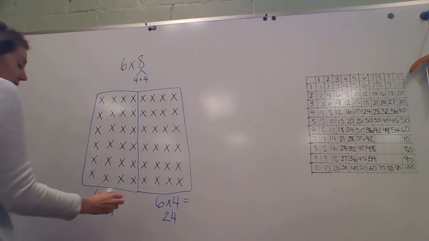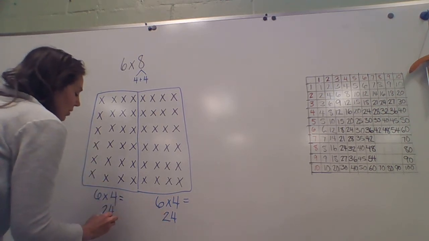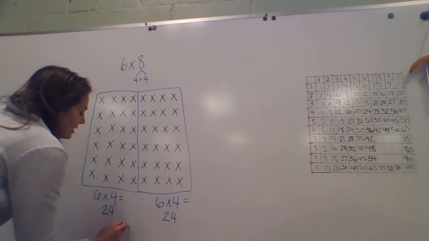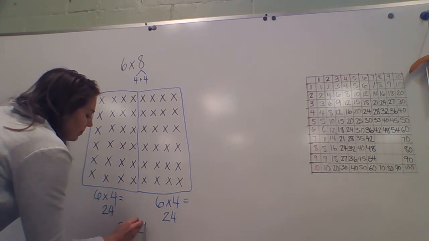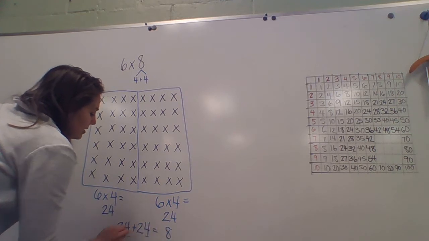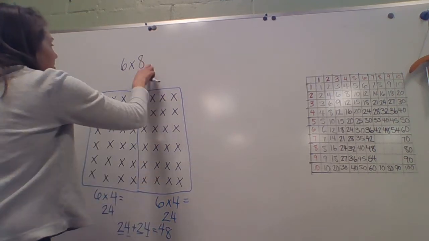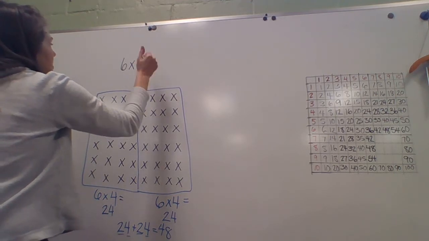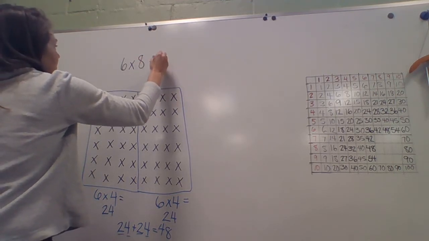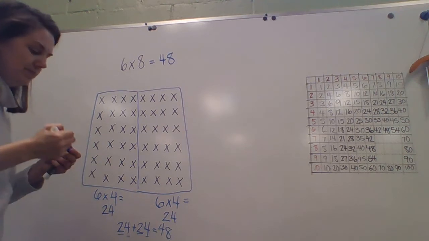So now if I took my 24 and 24 and added them together, 4 ones and 4 ones is 8 ones, 2 tens and 2 more tens makes it 4 tens. My total answer up here, 6 times 8, would be 48.